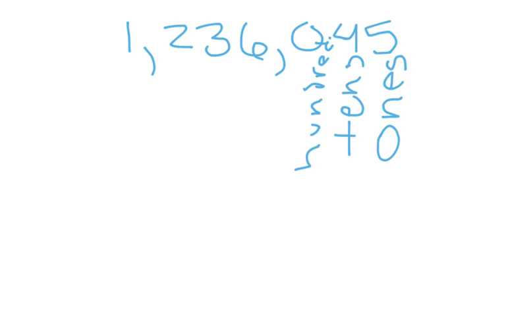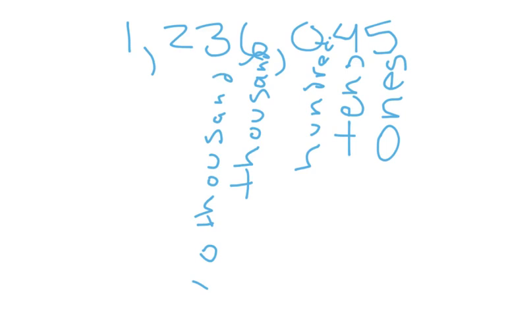Now this 6 is in the thousands. And the 3 is in the 10,000s. I'm going to have to give myself a lot more room here, aren't I? 10,000s. Now, if the 3 is in the 10,000s, are you guys seeing a pattern here? If we look, our 5 is our ones, tens, hundreds.